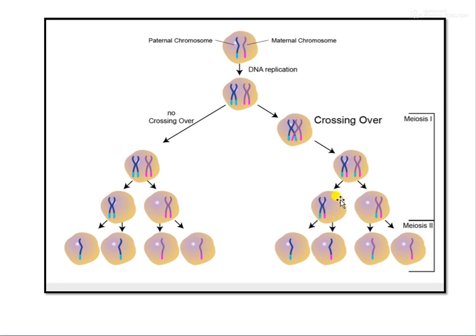There would be chromosomes which have only the maternal chromosome, and these are the non-crossover chromatids, and these are the crossover chromatids, because they have already undergone the process of crossing over.